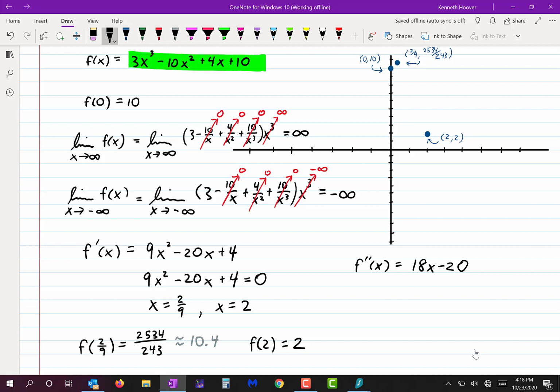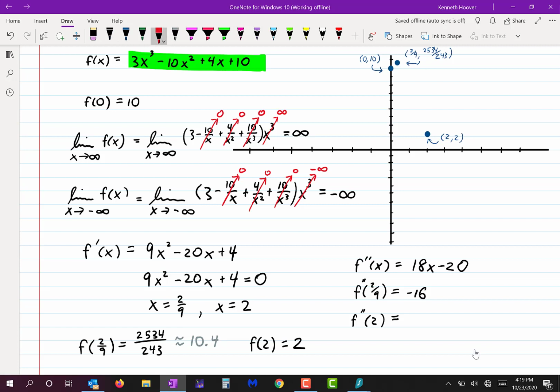In other words, I'm going to plug in 2/9 into f double prime, and I'm going to plug in 2 into f double prime. And I don't really care what number I get, I just want to find out is it positive or negative. Okay, so if we plug in 2/9, we get negative 16.